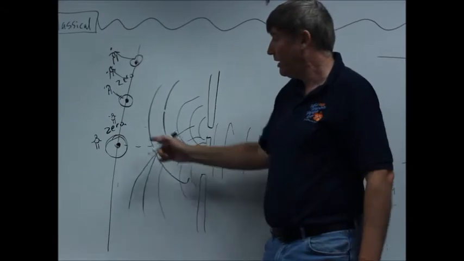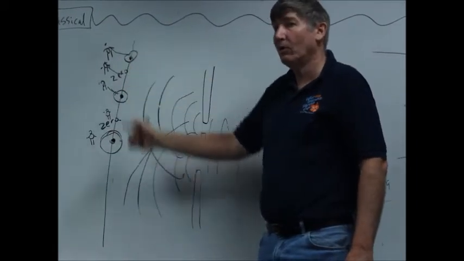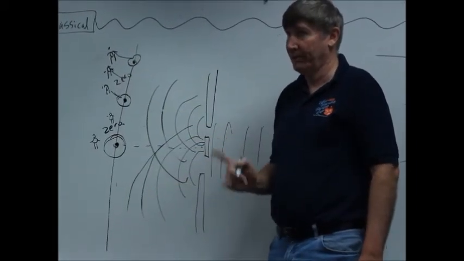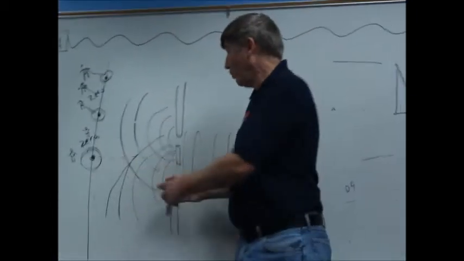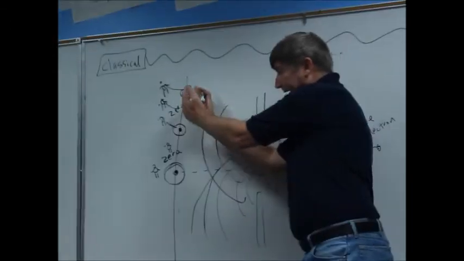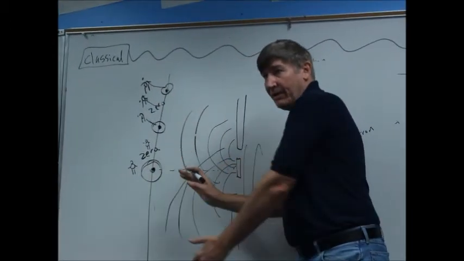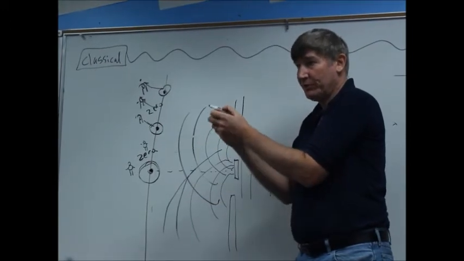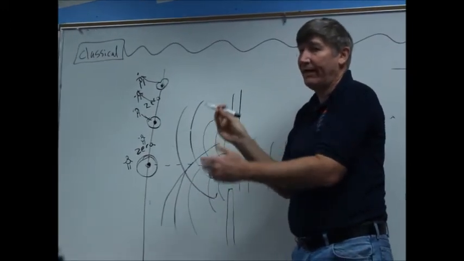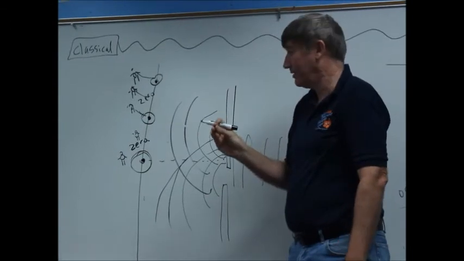That's not the way it works. One person and only one person is going to see an electron. Okay? Why? Because when the wave interacts with the wall, the wave function collapses, and it collapses to a point, and that point is the electron.